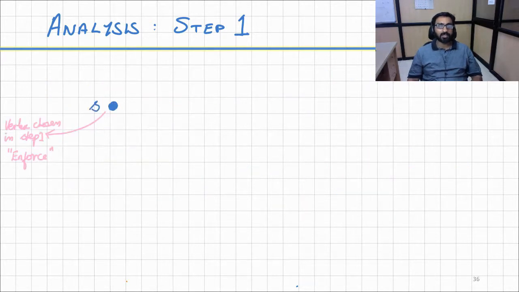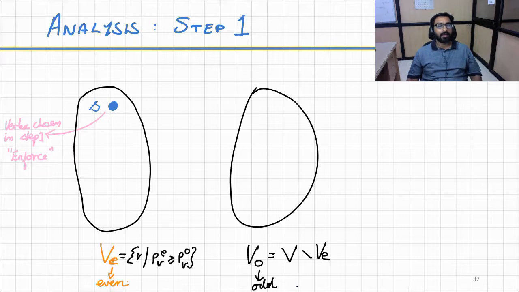So with that, let's start with the analysis. Of course, in the odd cycle subroutine, we first pick an S, and you can think of it as a sort of enforcing step, because the moment you pick S, you can partition the vertex set into two parts, VE and VO.